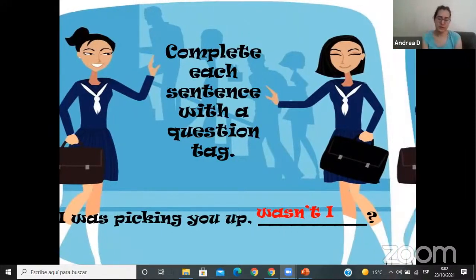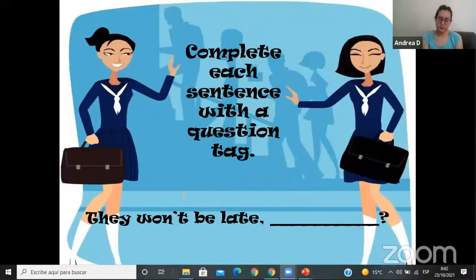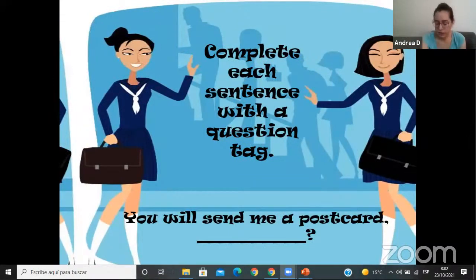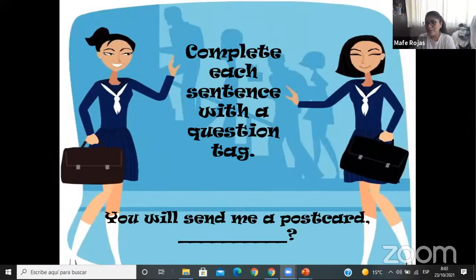Now they won't be late. Will they? You'll send me a postcard. The negative of will, we only use it in these tag questions. I mean, you can use them in sentences too, right? So the negative will be will not, and its contracted form is won't.